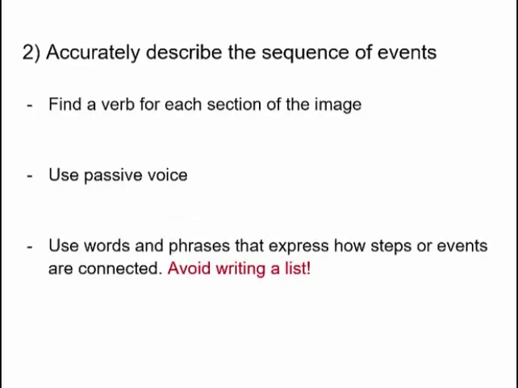Okay, lastly then, you need to avoid the trap of just writing activities, one after the other, actions in a simple list, according to what you see in the diagram. You need to make sure you're using words and phrases that connect the activities together. So transition words like first, second, third, last, okay? Those work well.